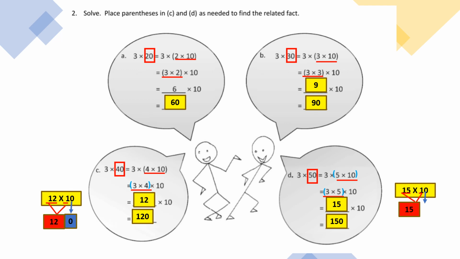If you said 15, you are absolutely correct. 15 times 1 is 15. And what do we do with that lonely 0? We invite them to the party in the ones place. So that means that 15 times 10 is 150.